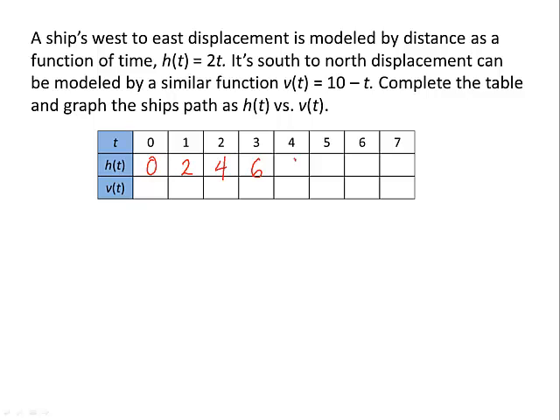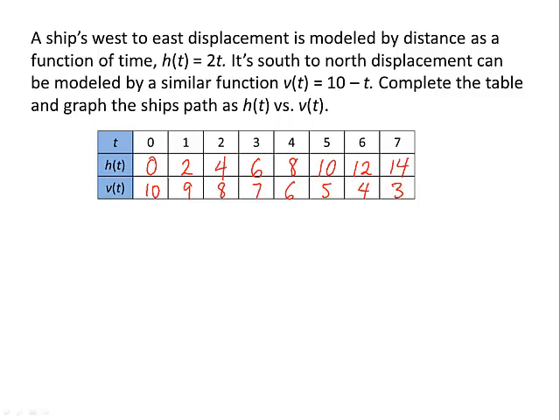And so on, right? Okay, let's fill in this table here. And then for the vertical displacement, it would be 10 minus t. So 10 minus 0, 10 minus 1, 10 minus 2, 10 minus 3, 10 minus 4, 10 minus 5, 10 minus 6, and 10 minus 7.